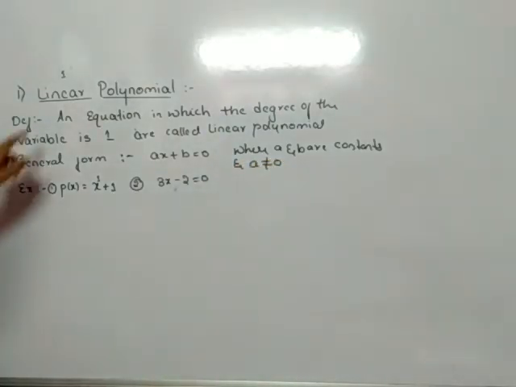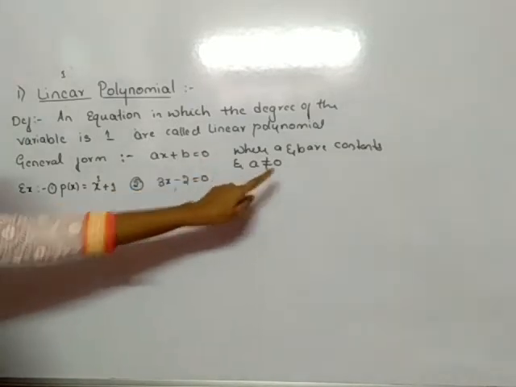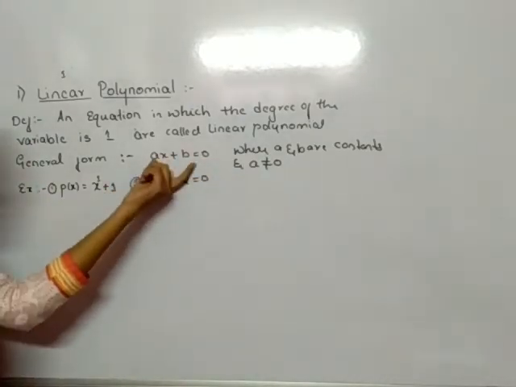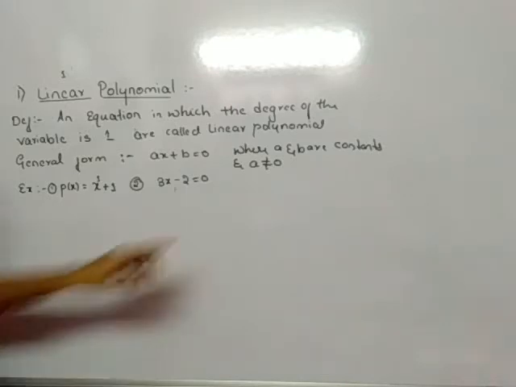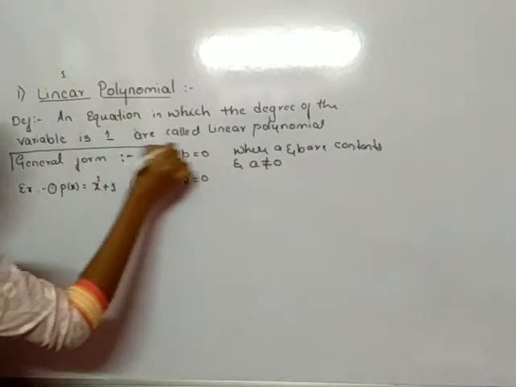Every time, to say the given equation or polynomial is a linear polynomial, a must not equal 0, right? If a becomes 0, the linear polynomial leads to a constant polynomial, right? So a must not equal 0. We'll see how it is possible.